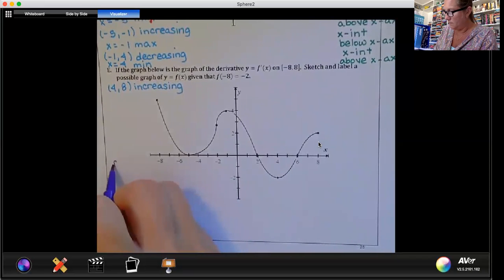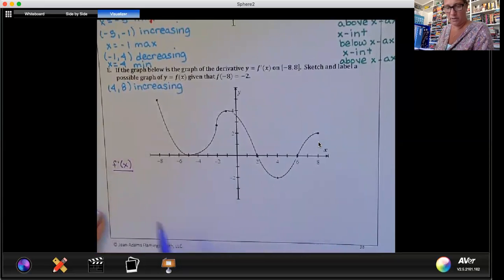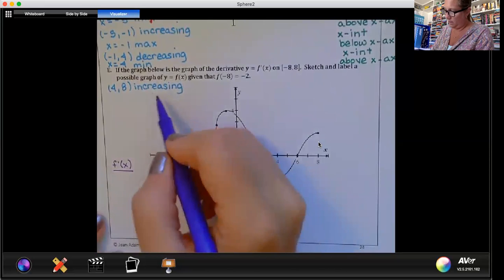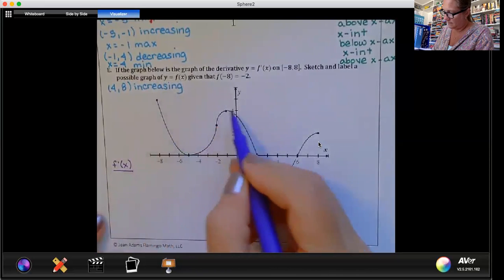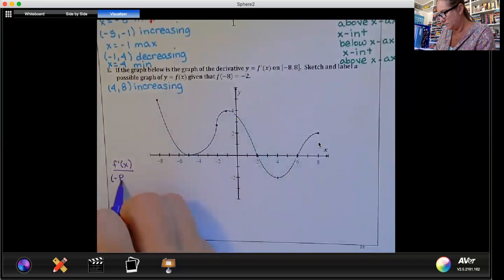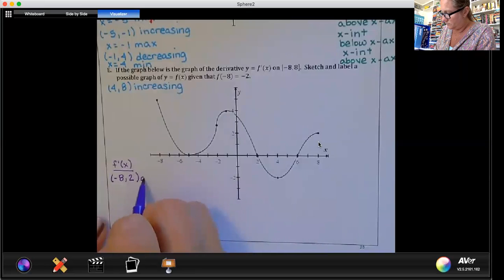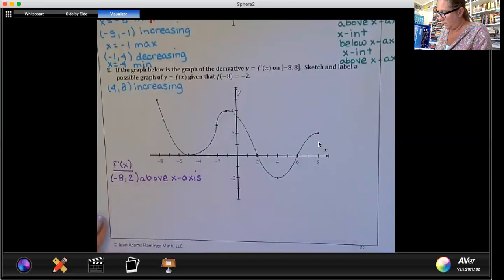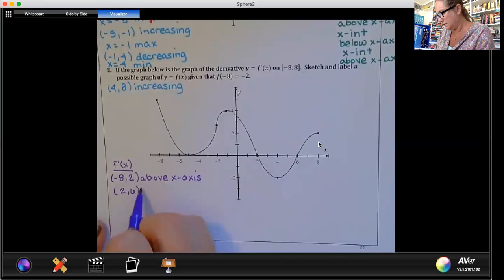Okay, so for f prime, here's what we have on our graph. From f prime, we are above the x-axis from -8 to 2. And then from 2 to 6, we are below the x-axis.